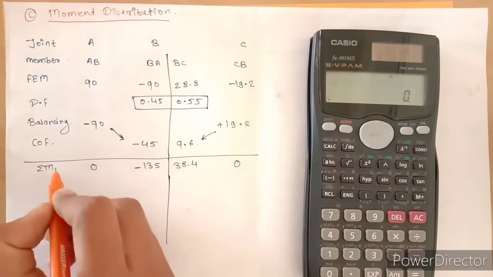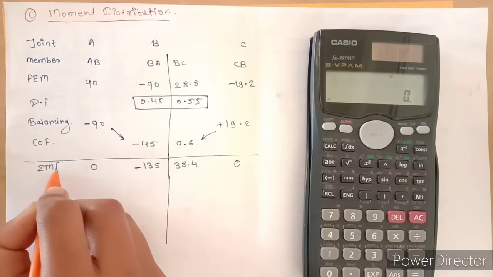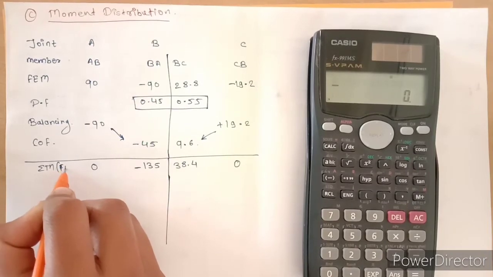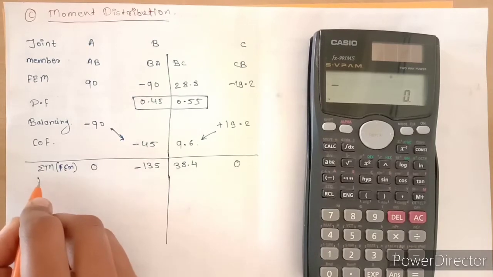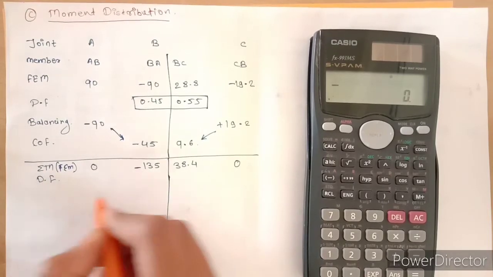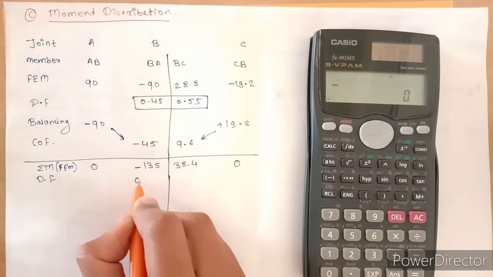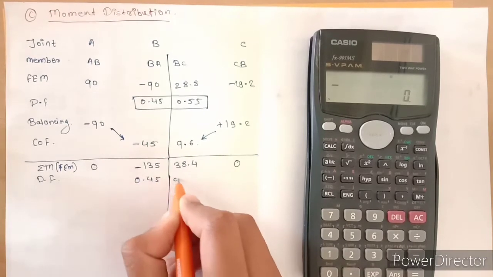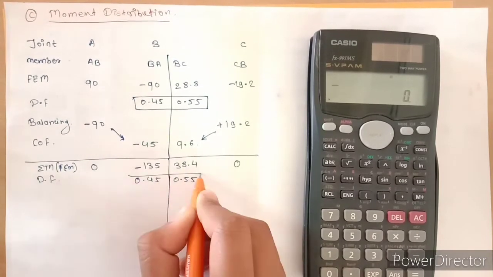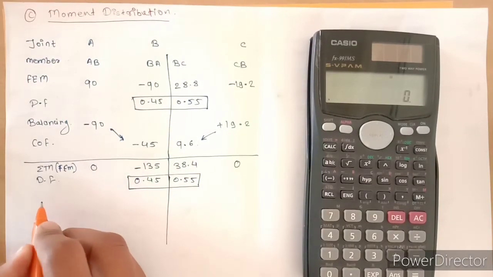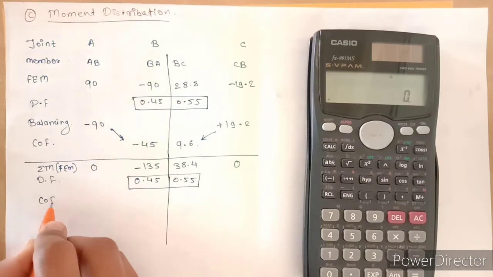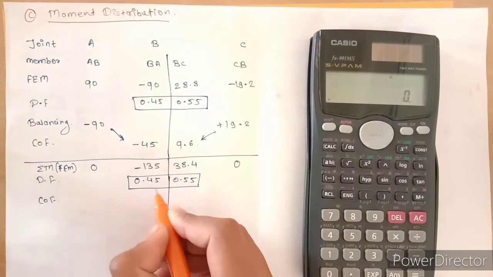So here consider the fixed end moment. Then the next row is the distribution factor, which is constant: 0.45 and 0.55. Then next, the carry over factor.